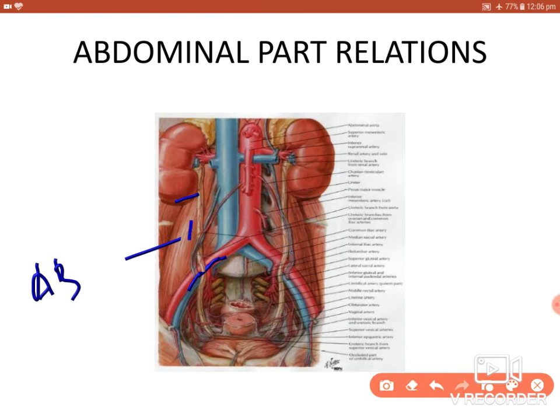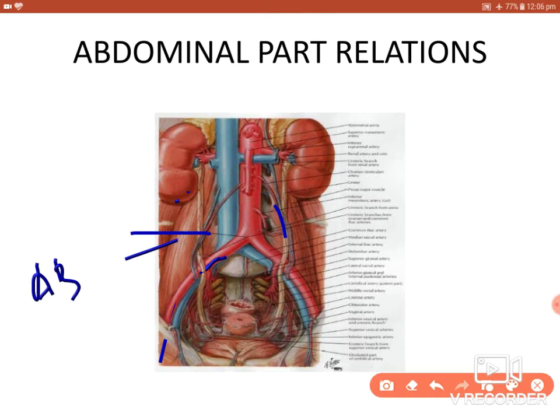Along with that, posterior to the ureter there is the genitofemoral nerve. Then anterior to the ureter, the anterior relations, you can see the gonadal vessels of both sides.